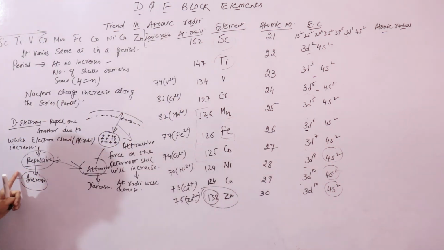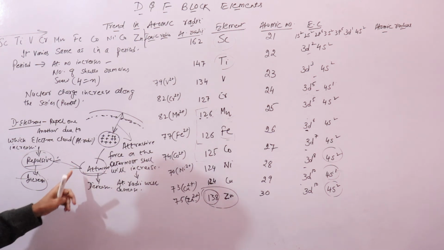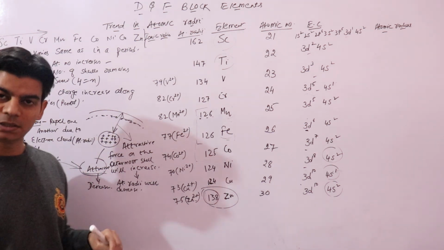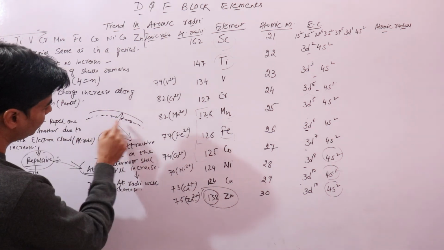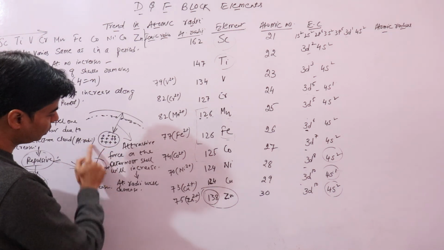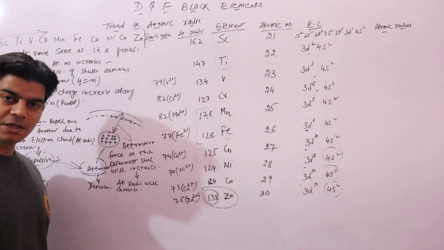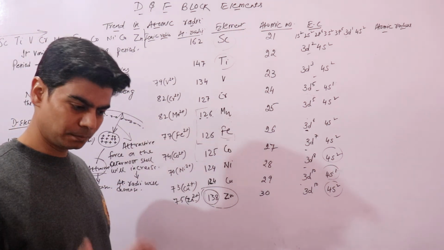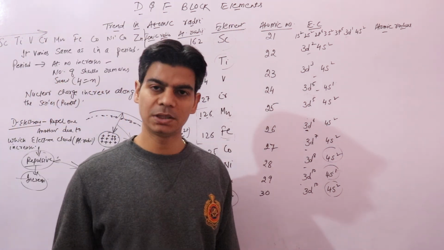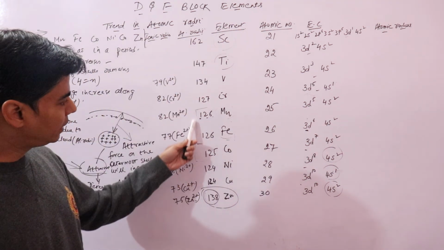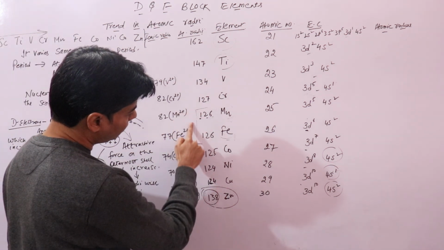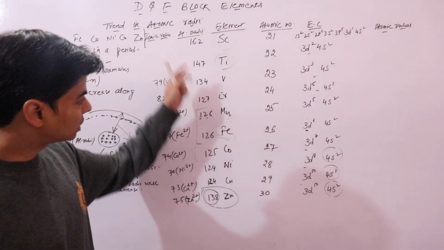So when this repulsive force keeps increasing, or the number of electrons keeps increasing, they will act as a shield between your outermost electrons and your nucleus. So this is your screening or shielding effect, which we already know. So basically it is due to the screening or shielding effect of electrons in the penultimate shell that your atomic radii will show this kind of trend.